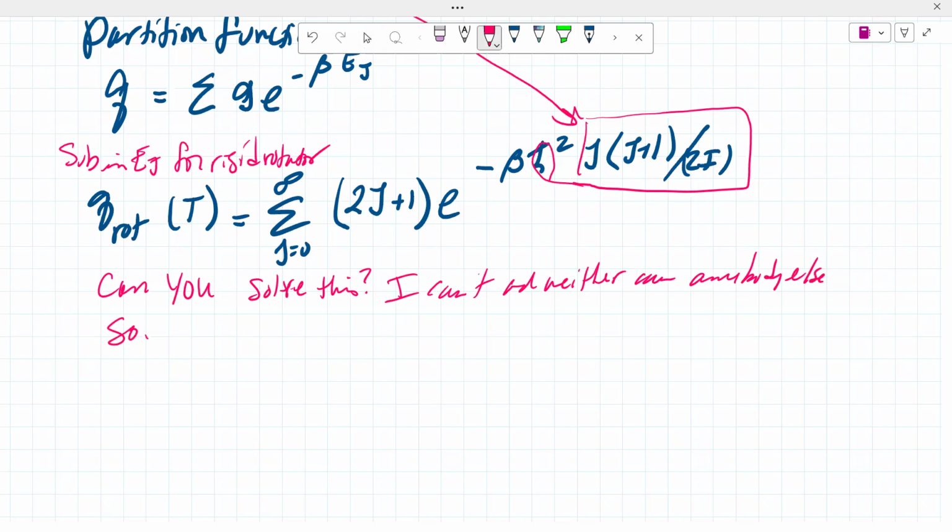So we'll resort to setting it up as an integral and solve by integral tables. So that's how we're going to do it.